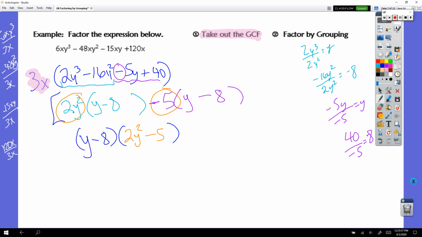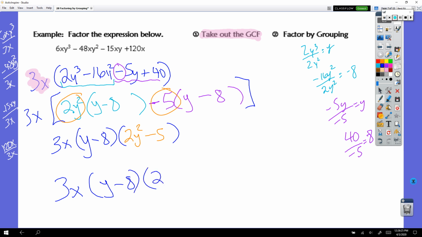We show that by using braces around that middle section where we factored just the expression that was inside the parentheses at the beginning that had the 4 terms in it. Once we do our final bit of factoring, we write our 3x in front. So our final answer for this one is 3x times the quantity y minus 8 times the quantity 2y squared minus 5.